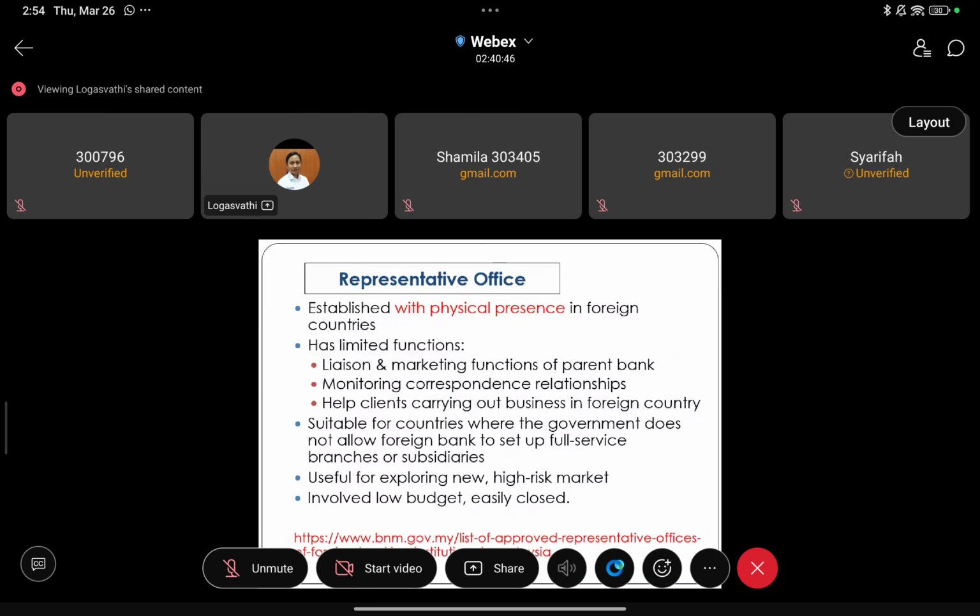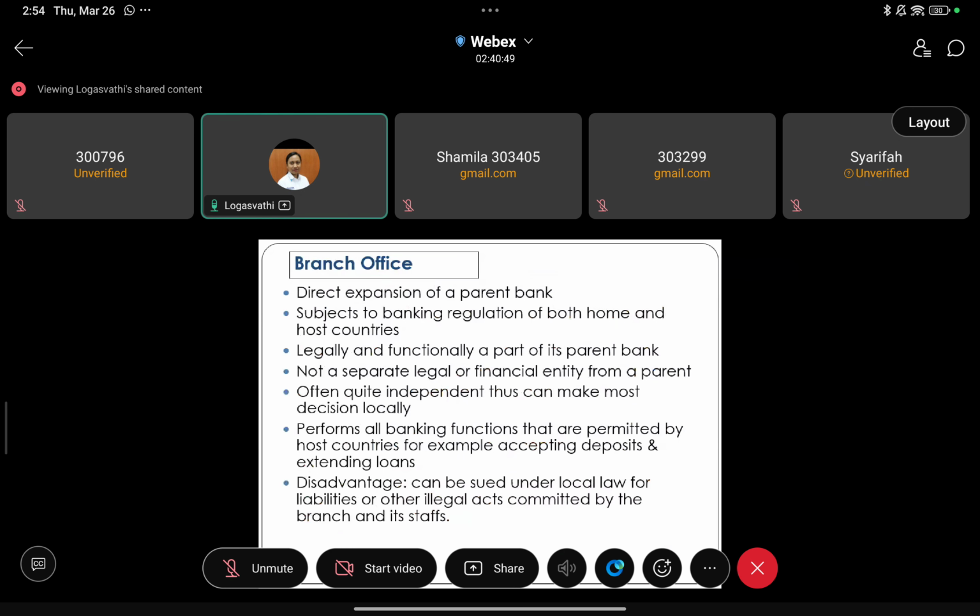All right. A branch office. A branch office is basically a branch. The branch office has to follow the rules and regulations of the host and home country. Let's say CIMB decided to open a branch in Brazil. So CIMB Brazil has to follow rules and regulations in Brazil and Malaysia as well. They have to follow the rules and regulations of the host, which is Brazil, and home, which is Malaysia.